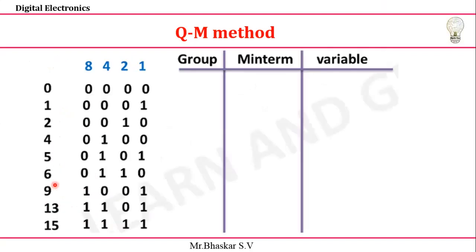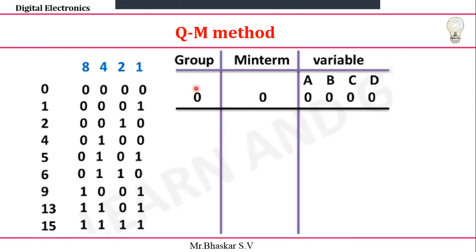First I'm looking for group 0. Group 0 consists of 0 ones. So the min term is 0, and the variables are taken as a, b, c, d. It consists of all zeros, and there is only one such term. Next, I'm looking for min terms with only one 1. So 1 consists of only one 1, 2 also, and 4 also.